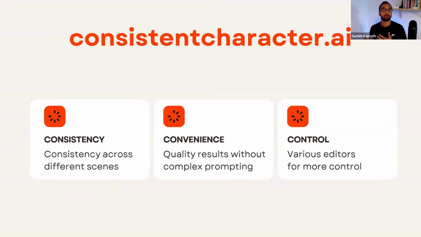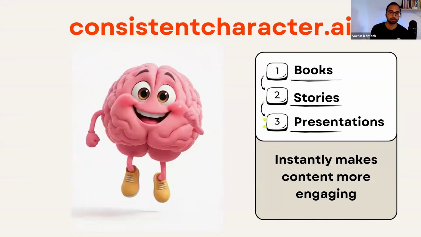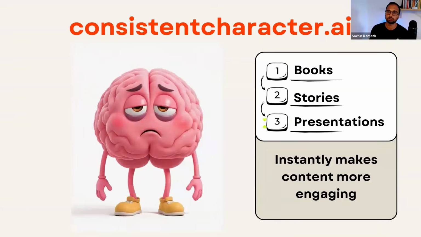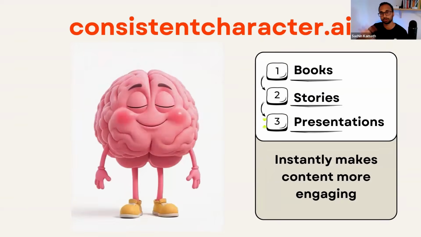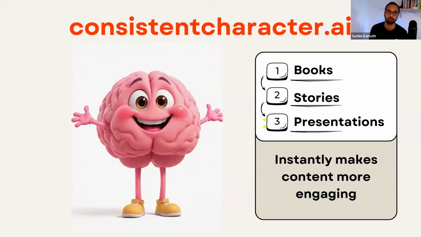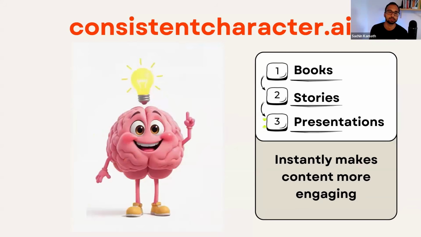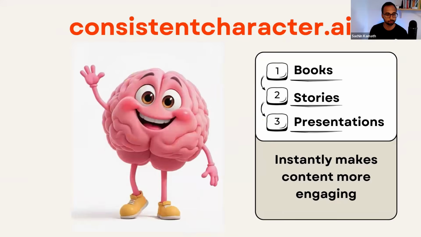You can customize the character's emotions, actions, outfit, background, and scenes to match your story perfectly. Also, it's the first tool which implements a multiple character consistency workflow. And our pro users are telling us it's their favorite compared to anything else out there. ConsistentCharacter.ai is perfect for creating book illustrations, creating illustrations which you can then turn into animation using AI video generators, as well as for creating lessons and presentations. So with just a few clicks, you can create visuals that instantly make your content more engaging and memorable.